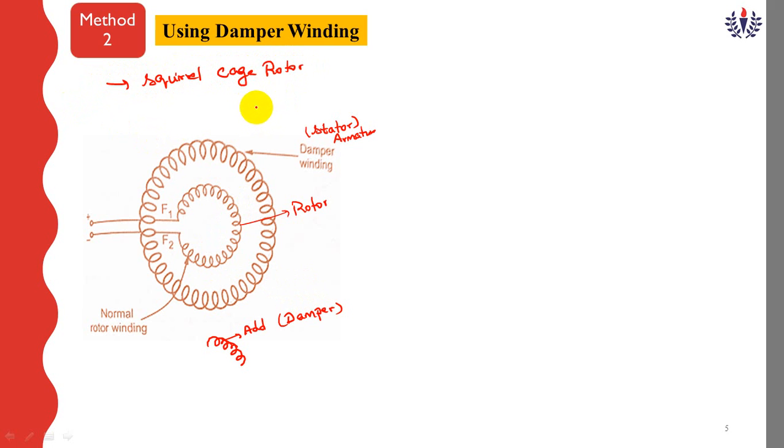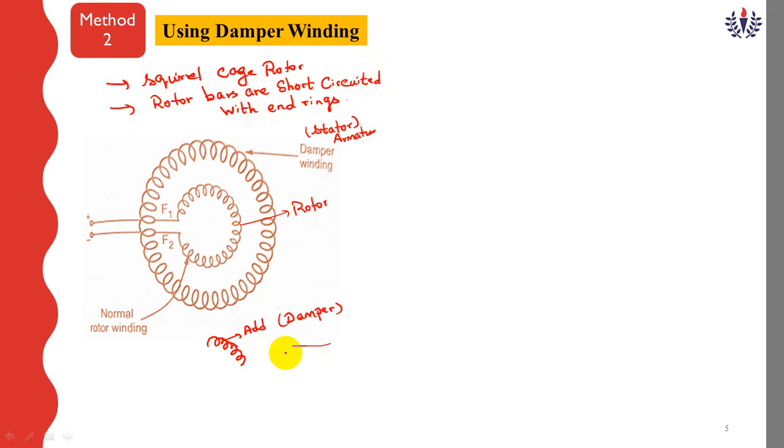What is the concept of a squirrel cage rotor? The rotor bars are short circuited with end rings.